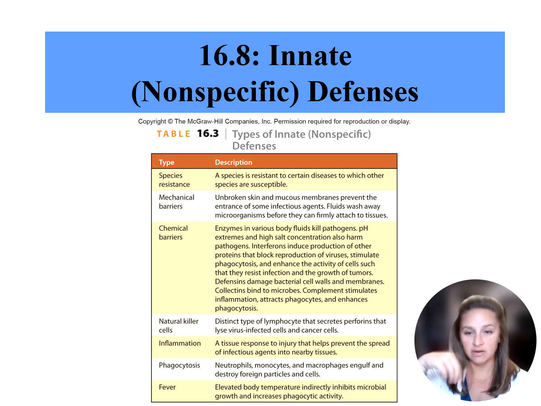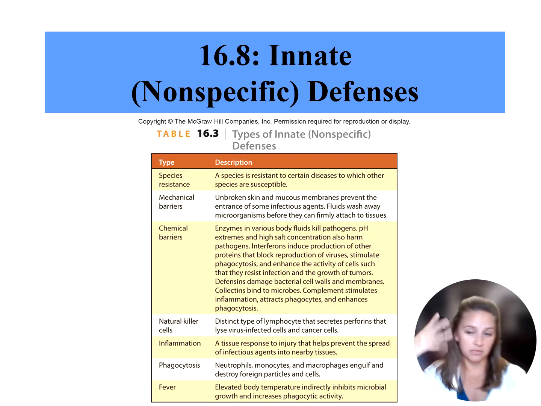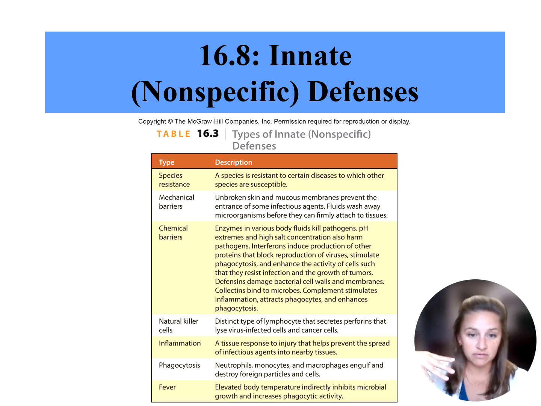That original cell will die, but the cells around it will then be protected because they will have the information and know that that virus is there. Inflammation is an innate response. We know that inflammation causes vasodilation, which means there's an increase of blood flow. So this brings all of the things that are in the blood to that area to help prevent the spread of the infection.